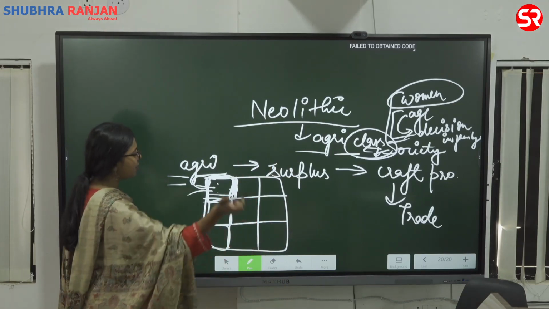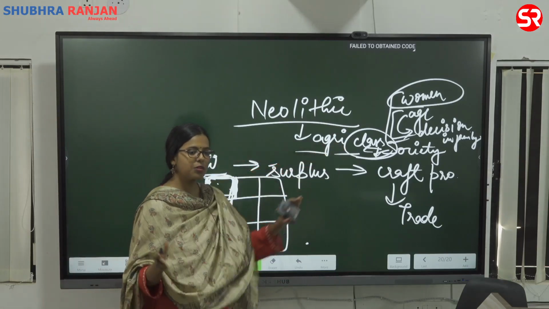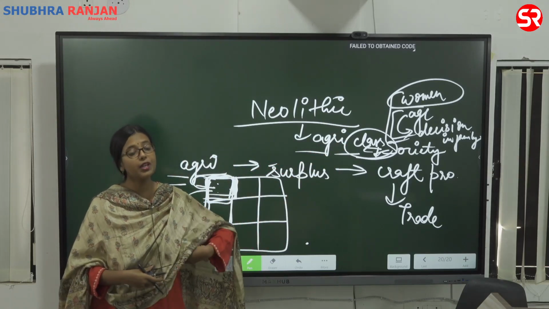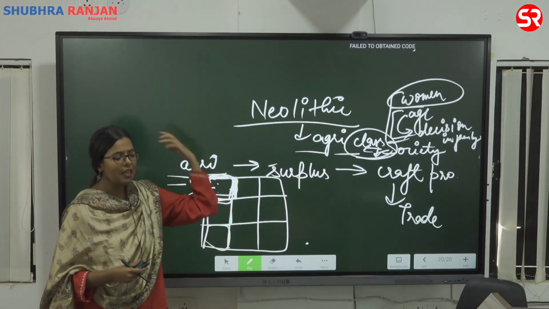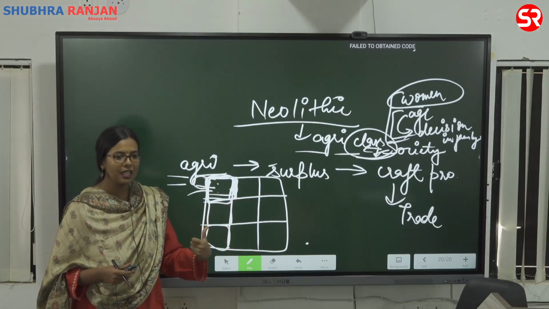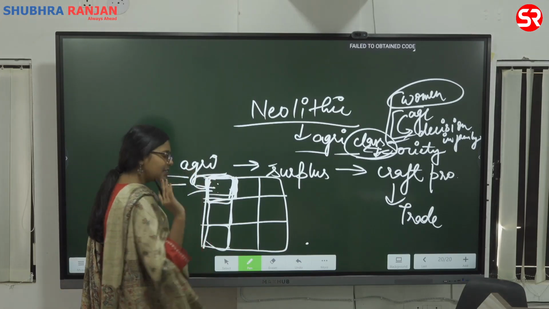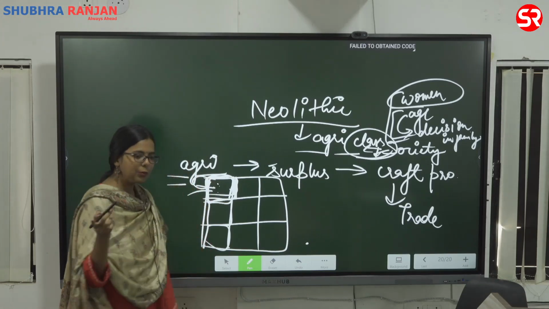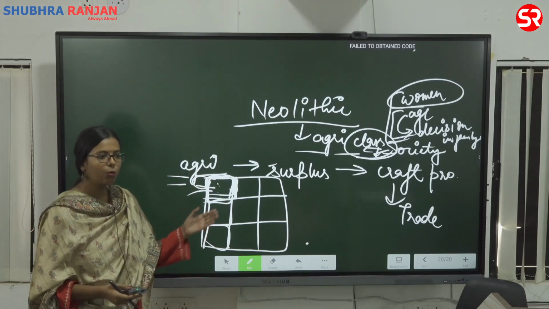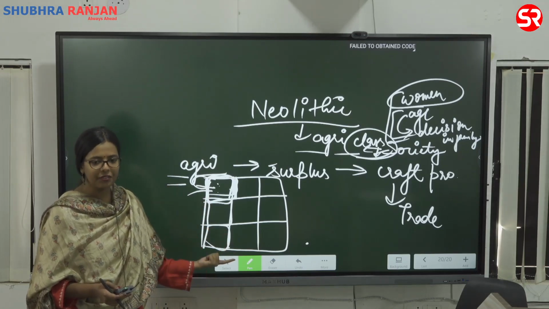Okay, now when we are talking about a class which is emerging, which is more powerful than the other because they have the right to enforce rules, regulations, they are going to become a bit higher in hierarchy socially and economically as well. Second thing which will happen, so one person might work harder, one person might not work that hard. What will happen? Their economic status is going to be different.